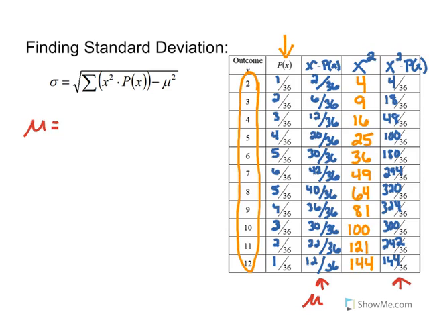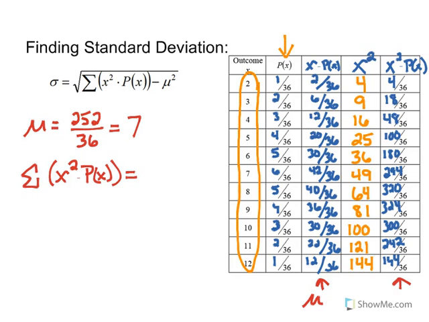So the mean mu is 252 over 36, which comes out to exactly 7. And then the sum of the x squareds times the p of x values comes out to be 1,974 over 36.